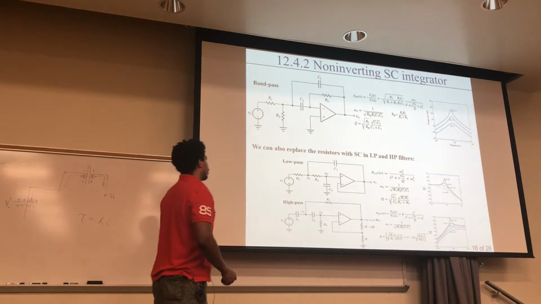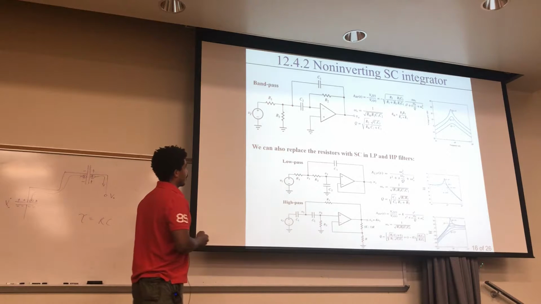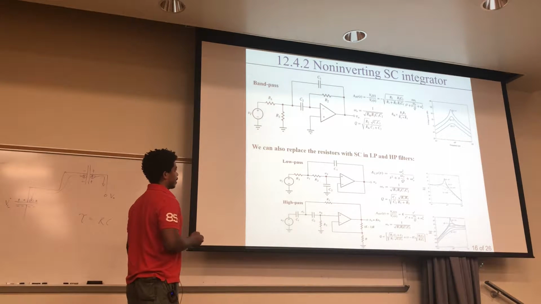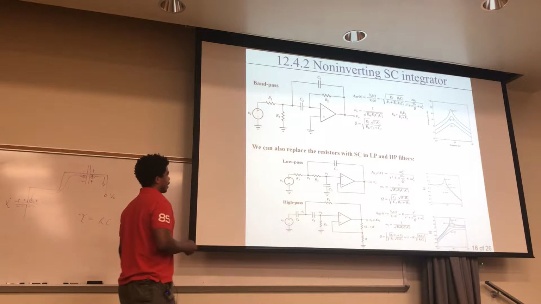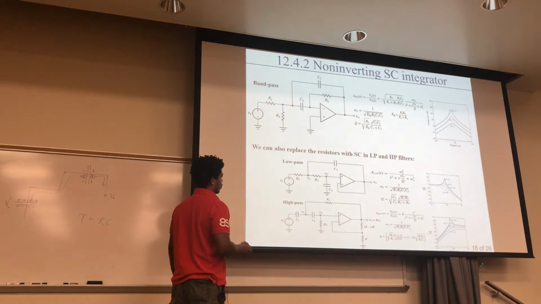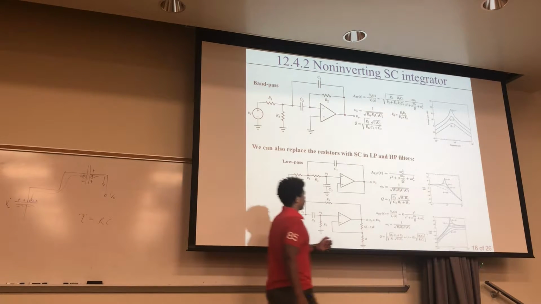Okay, and of course you could do the same thing with other ones too. So that was the band pass. You could do the same thing with the low pass. You could replace the resistors with the switch circuits, the switch capacitors, and same with the high pass, replace the resistors with the switching capacitors. And then of course these things would change.